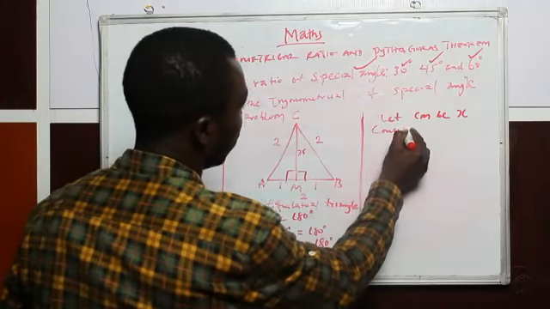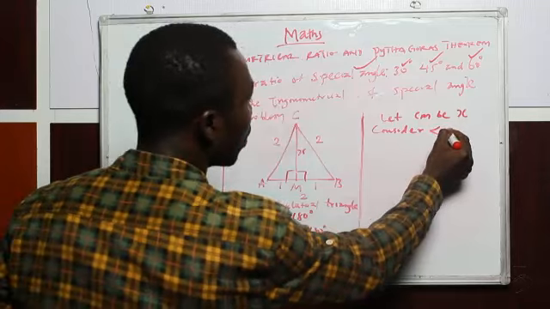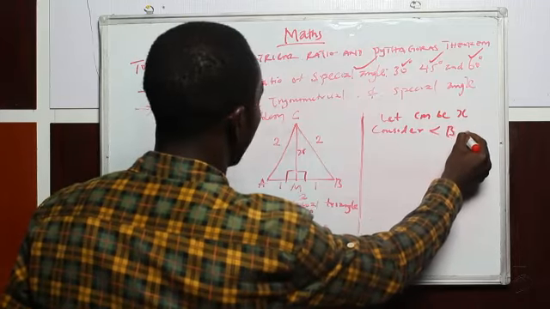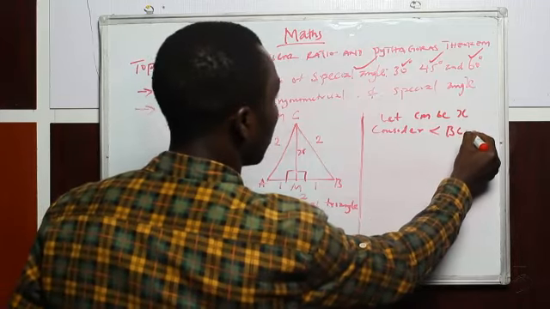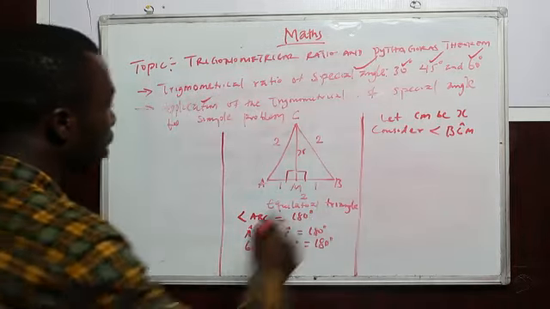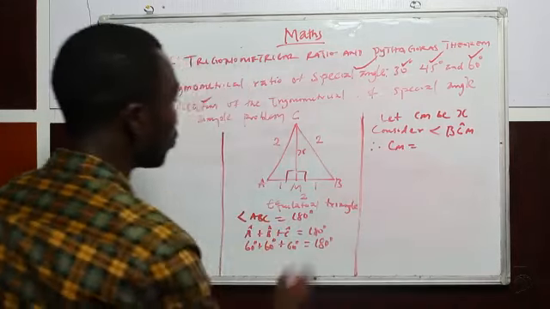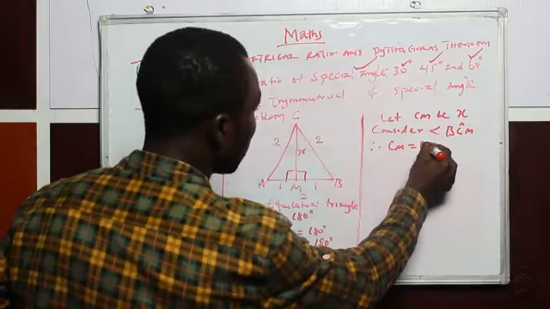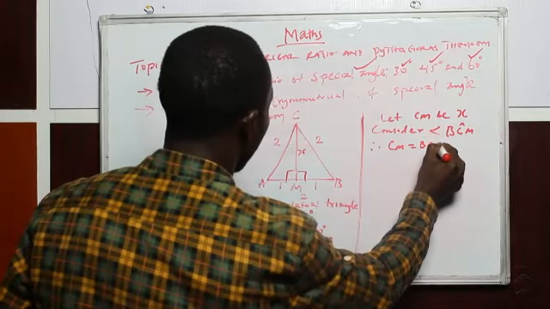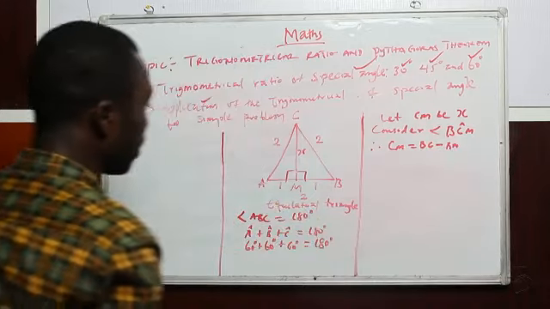Consider triangle BCM. Therefore, CM is equal to BC minus BM.